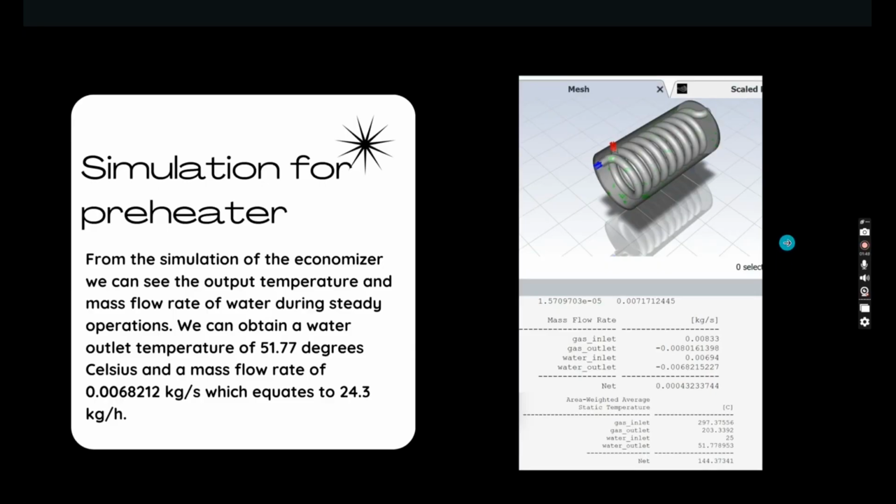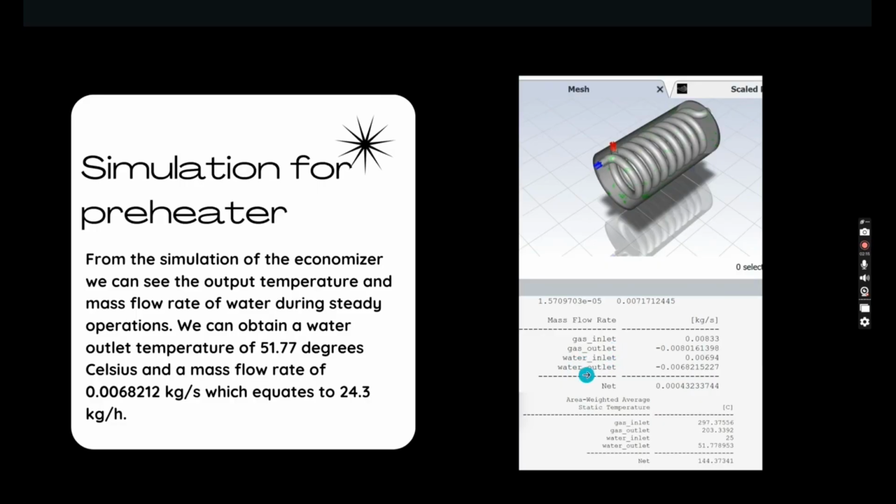Now, this is the simulation setup for the preheater. As you can see from the ANSYS Fluent setup, I calculated the data and got a mass flow rate for the gas inlet of about 0.00833 kilogram per second, that is about 29 kilogram per hour.